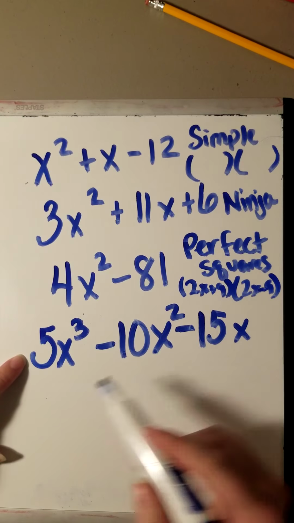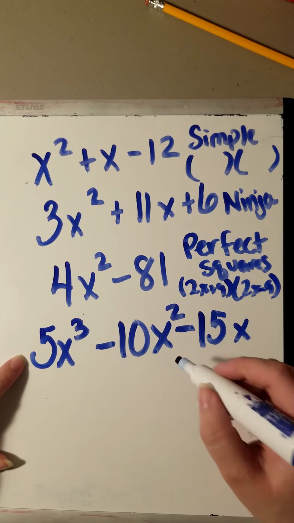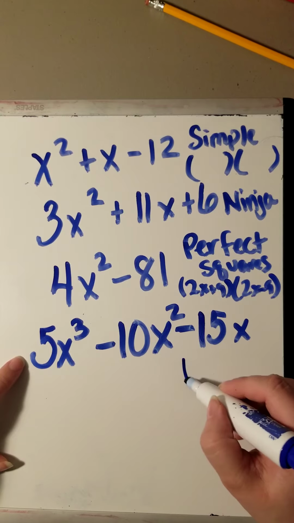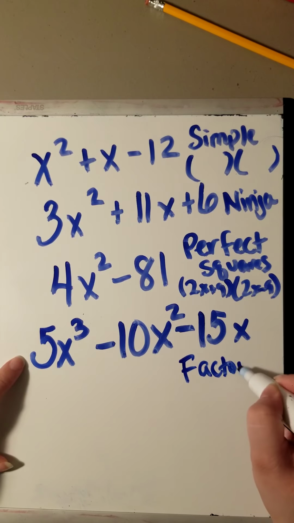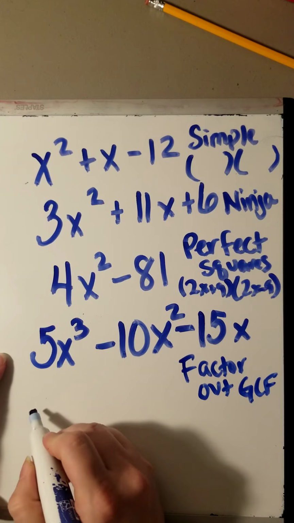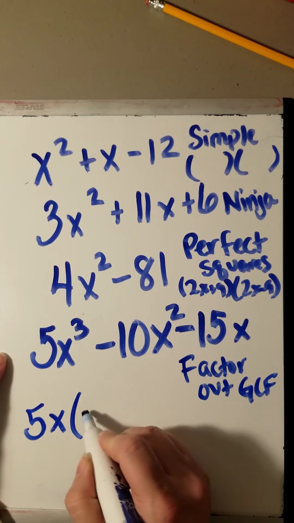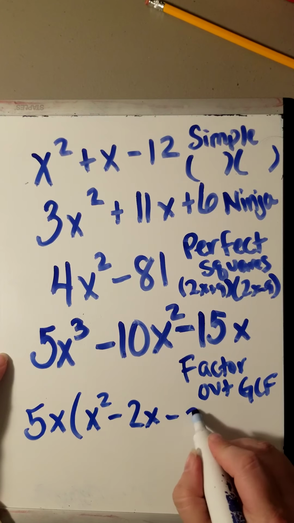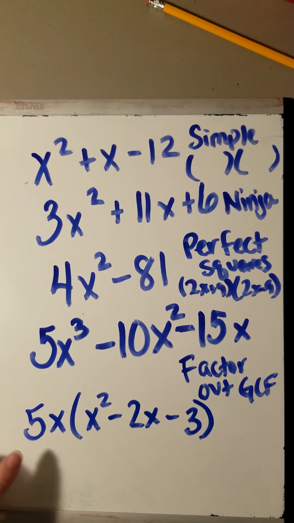In this one, each of these terms, I can factor out a monomial term that each of them has in common. I'm going to factor out a GCF, greatest common factor. Each of these, a 5x would come out of. And I would have this would become this.